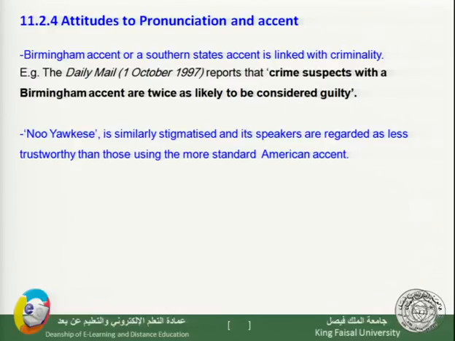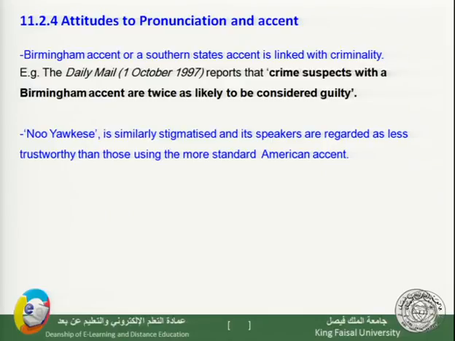This indicates that we sometimes associate the accent people speak with criminality, with preconceived ideas about those people. This is called stereotypical understanding, or categorization of people, to the extent that some people are suspected to be criminal just because they speak the accent.